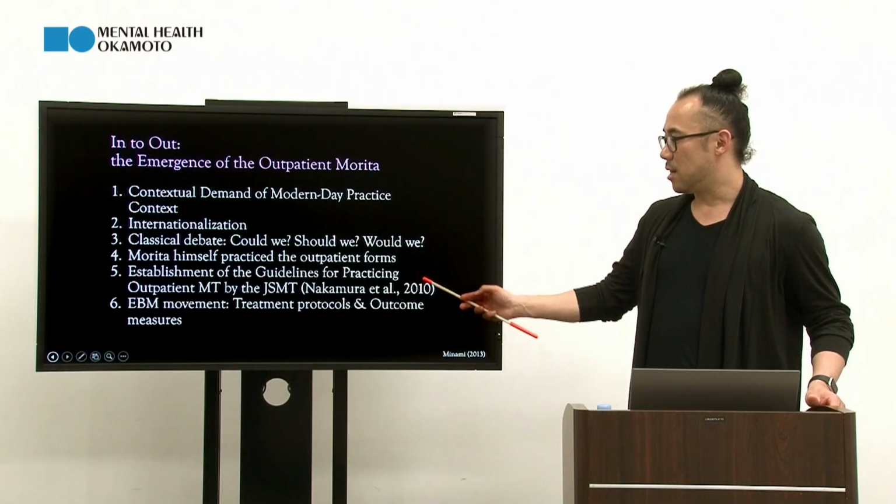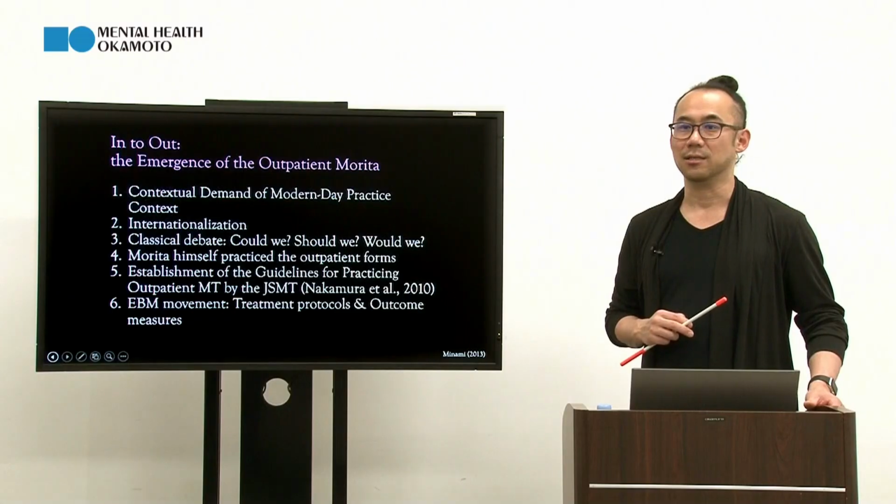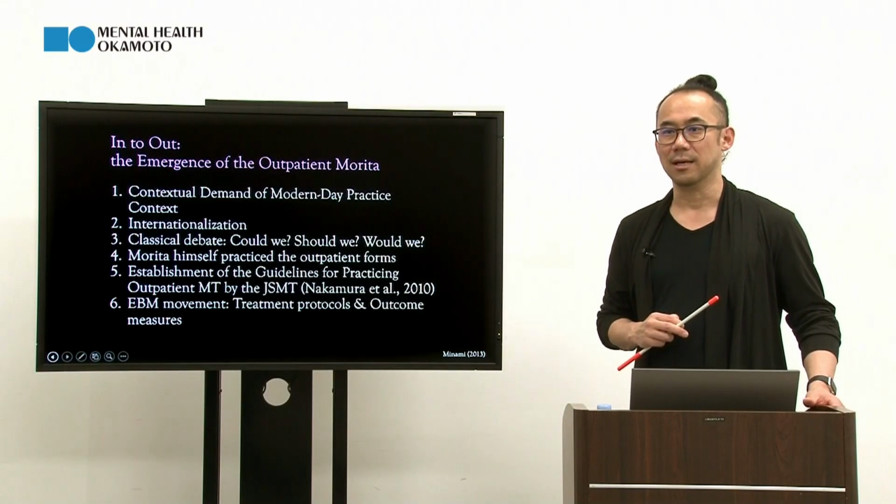The establishment of the guidelines for practicing outpatient Morita therapy was led by the Japanese Society for Morita Therapy, led by Dr. Nakamura. This also facilitates and leads the way of advancing our endeavor to respond to the evidence-based movement. Right now, the Japanese Society for Morita Therapy has a working group conducting a large, fully powered, randomized controlled trial of Morita therapy for anxiety and OCD disorders.